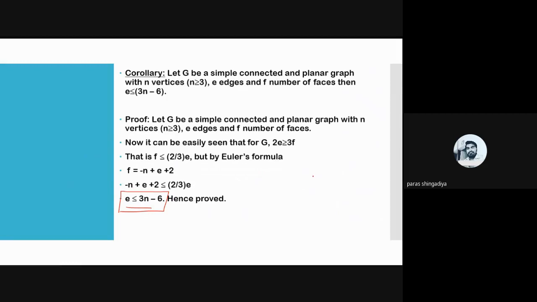For example, suppose you have 5 vertices and you have to create a planar graph of arbitrary shape, so it should be planar also. How many edges are required? E is less than or equal to 3 into 5 minus 6, that can be written as 15 minus 6, and 15 minus 6 will be 9. So up to 9 edges you can consider to create such a planar graph.